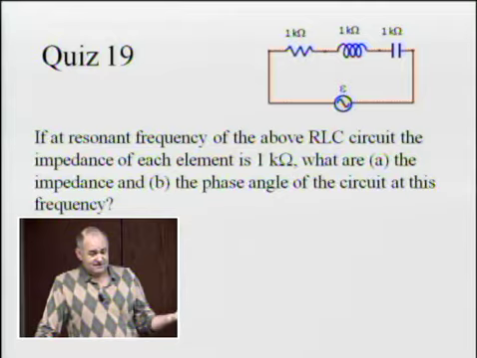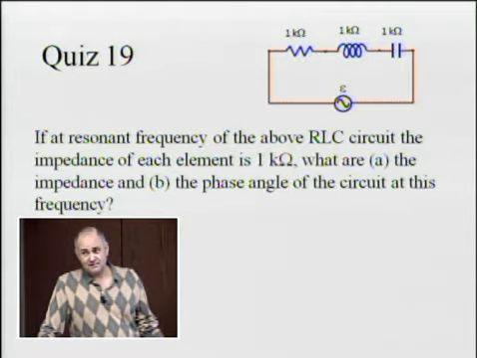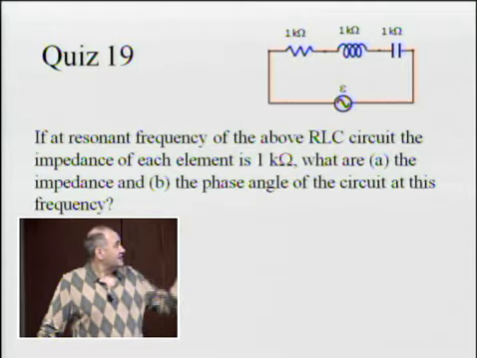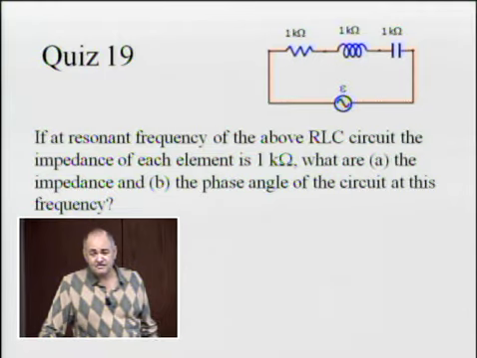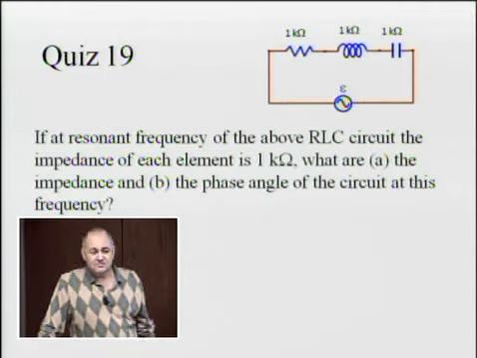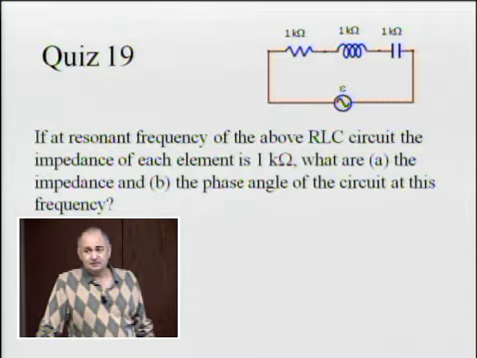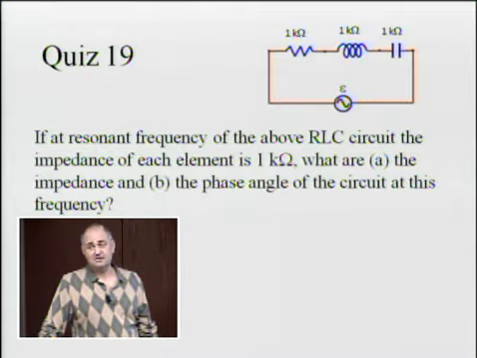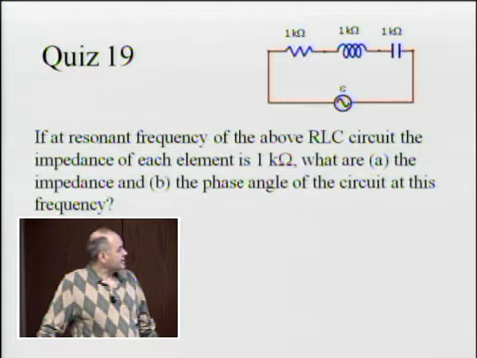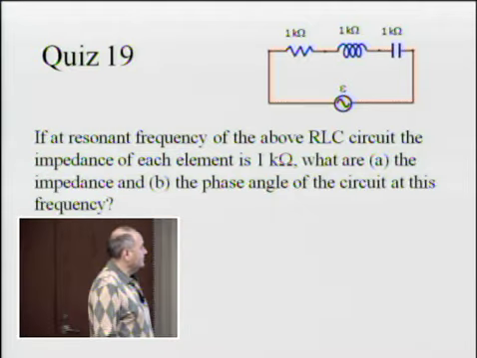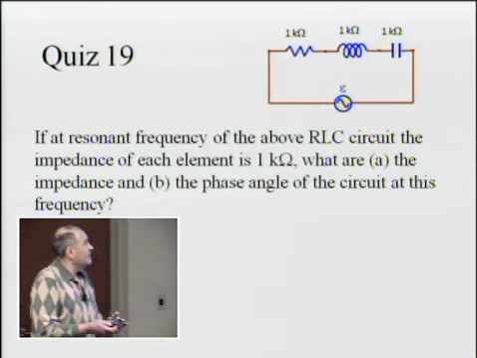And if the imaginary part is 0 and the real part is not 0, then the quotient of the imaginary part of the complex impedance over the real part is going to be 0. Therefore, the phase angle is going to be 0. All right.